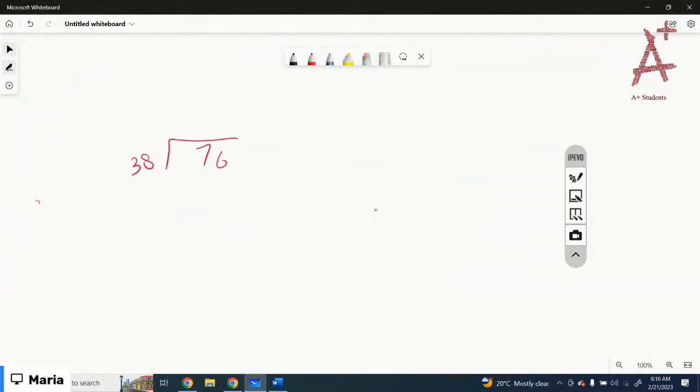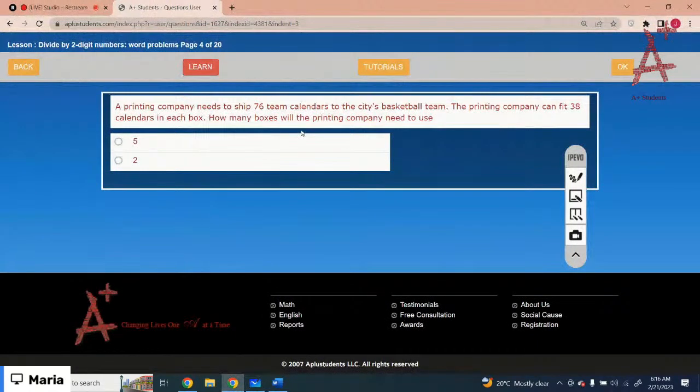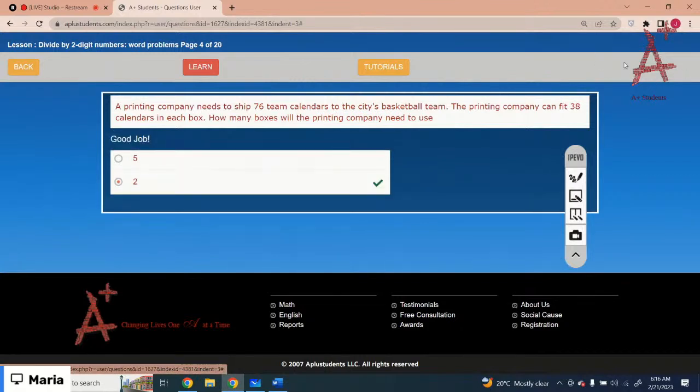I think 38 times 2 is 76. Got it? So two boxes will be used by the printing company. The correct option is 2.